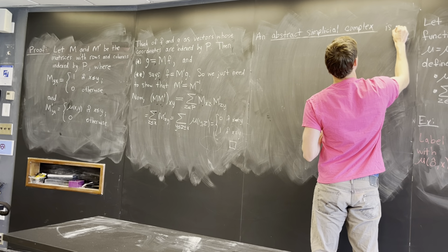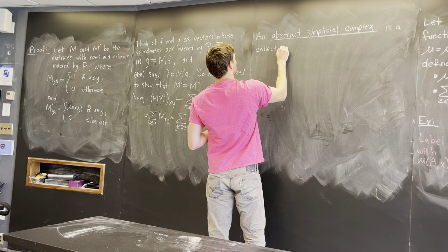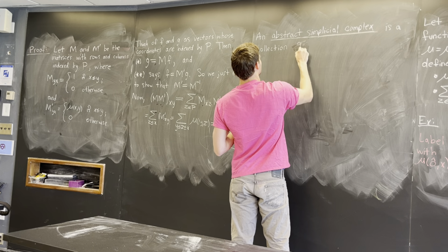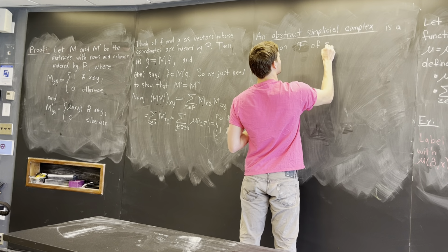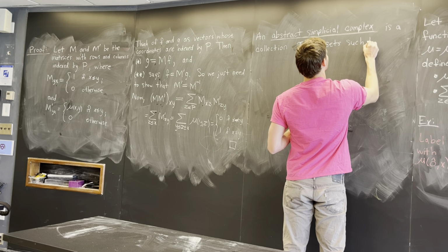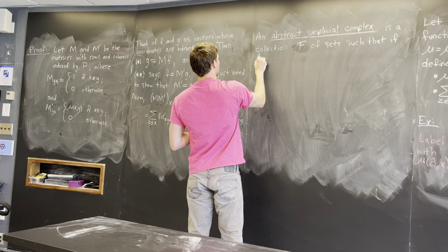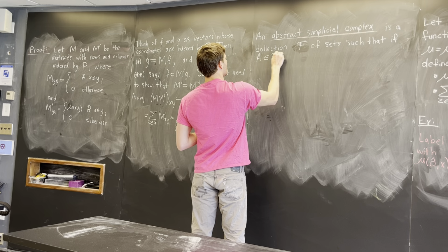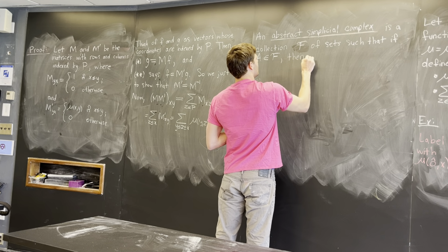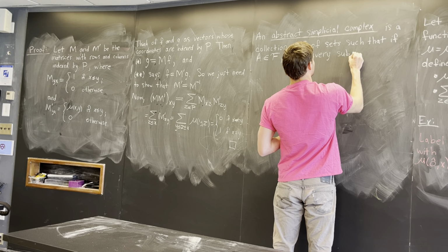All it is, is a collection F of sets such that if I have some set A in this collection, then every subset of A is also in the collection.